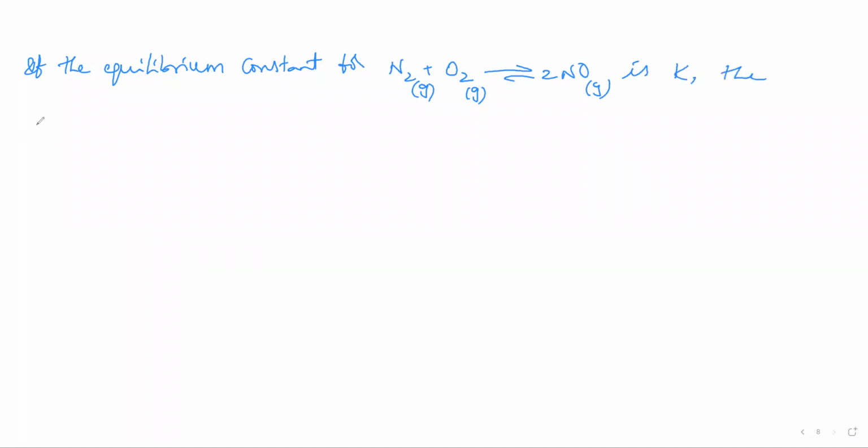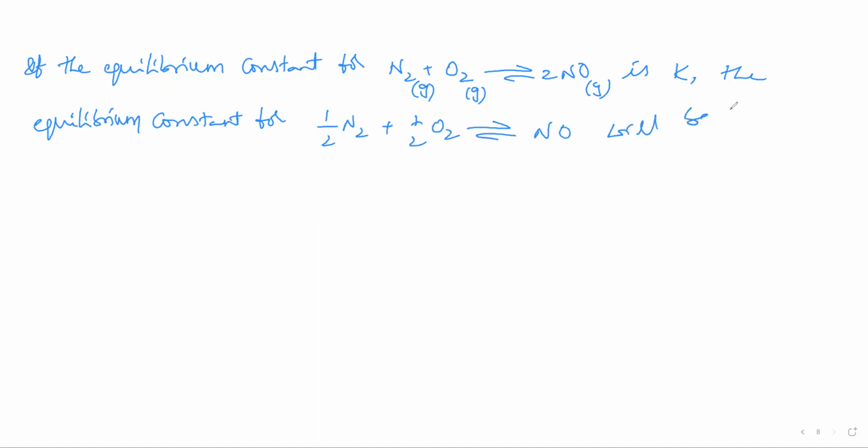The equilibrium constant for half N2 plus half O2 gives NO will be? So A plus B gives 2AB; half A plus half B gives AB. I already gave you that expression.